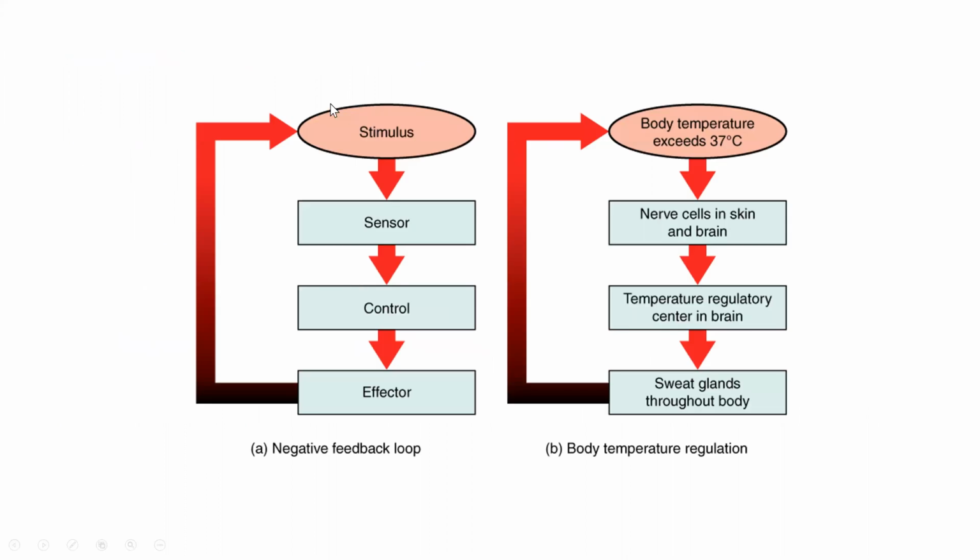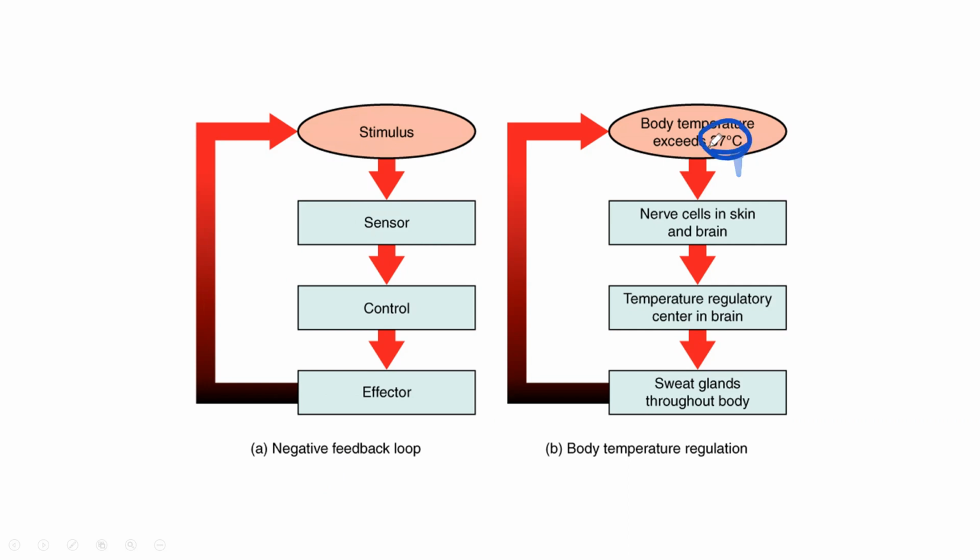Right, so here's a review of the negative feedback loop. When we have a stimulus, then a sensor to sense the stimulus, sensor to control center to effector, and then the effector will reduce the stimulus. Like when your body temperature exceeds 37 degrees, nerve cells in skin and brain will detect the change.